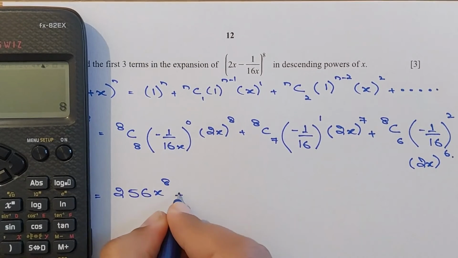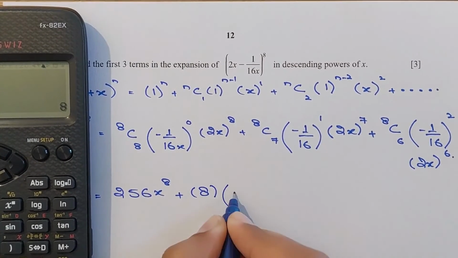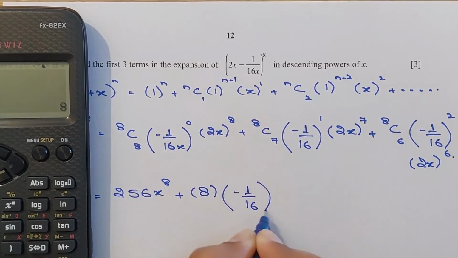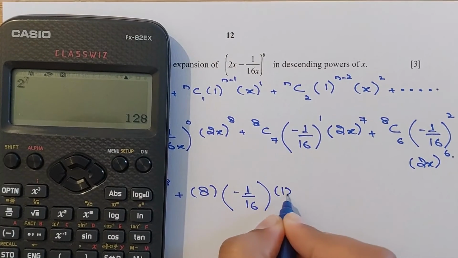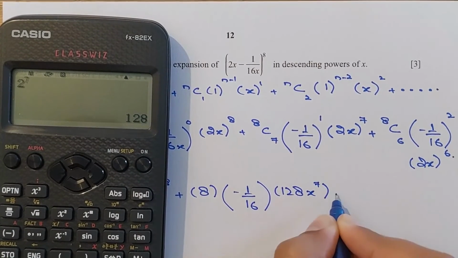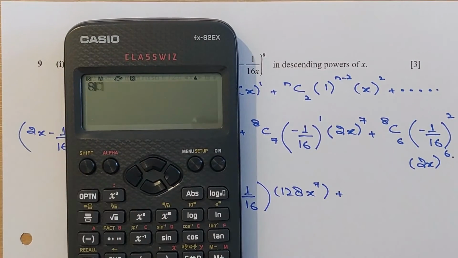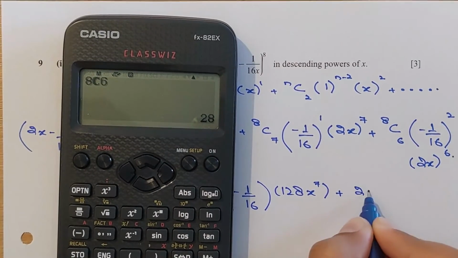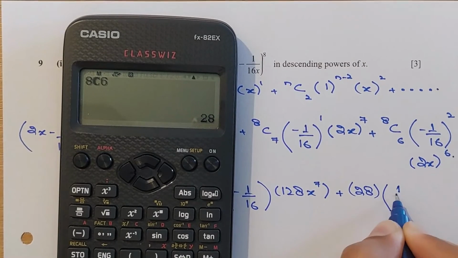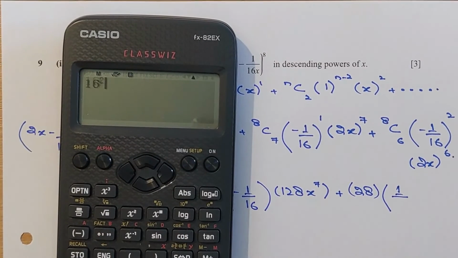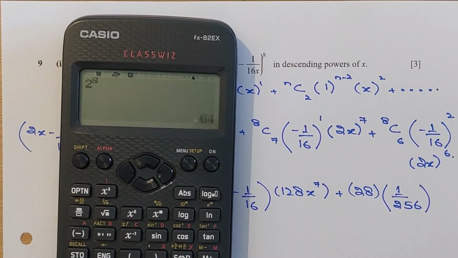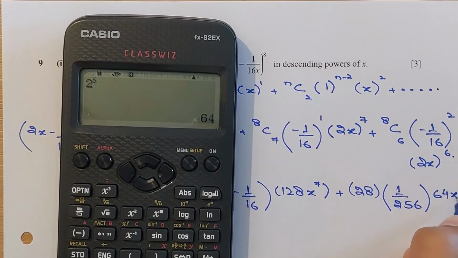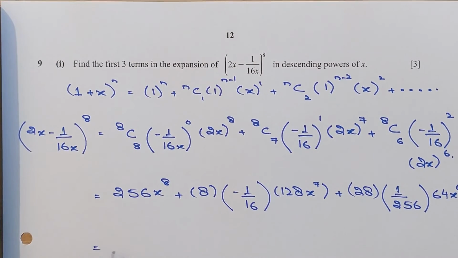This is 8, and -1/16, and 2^7 is 128, x^7. Then 8C6 is 28, (1/16)^2 is 1/256, and 2^6 is 64, x^6.